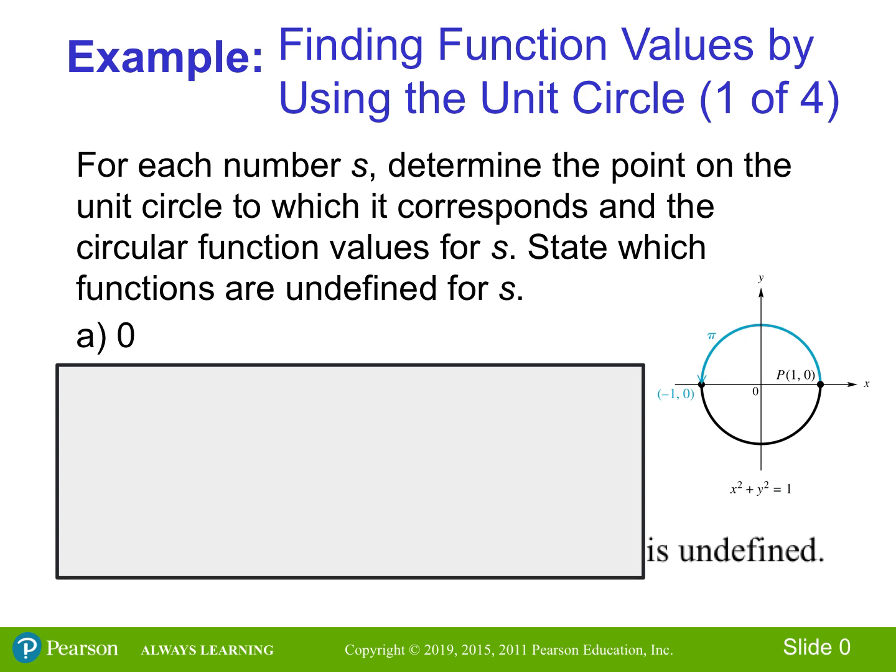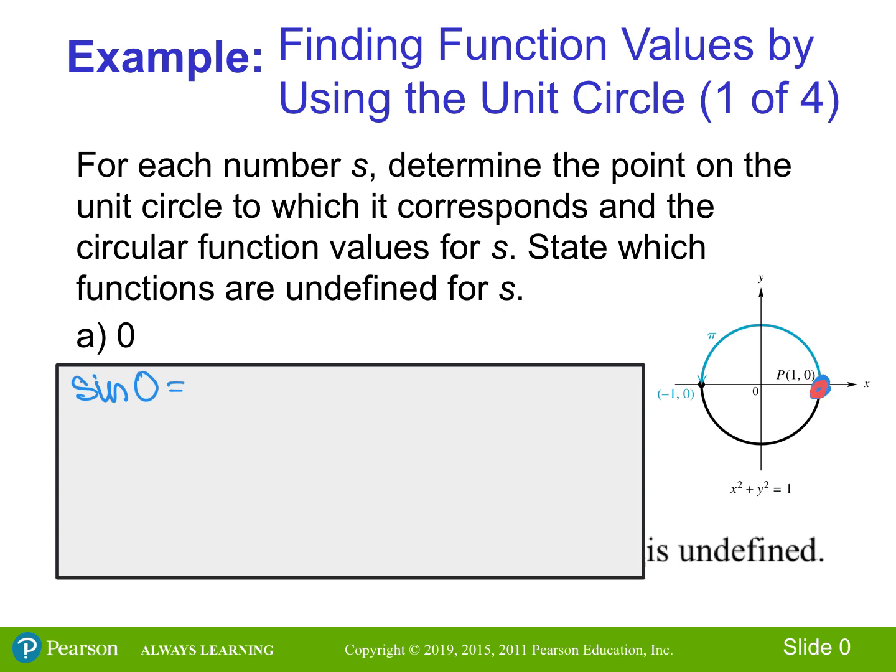So the first thing I want to do is find 0. Well, 0 is going to be my starting point right here. So really what I'm going to look at is taking the sine of 0. And the sine of 0, that's really my y value at this coordinate point here.